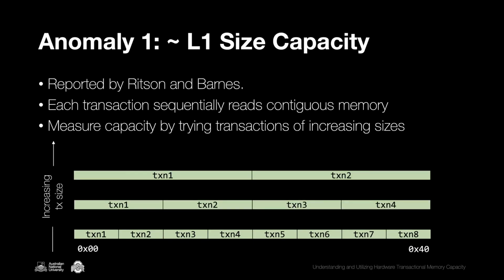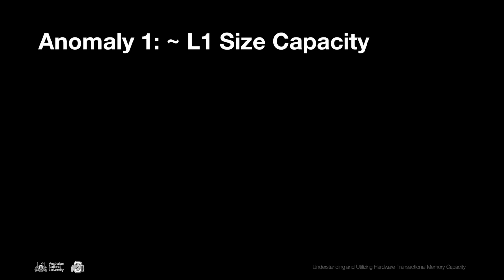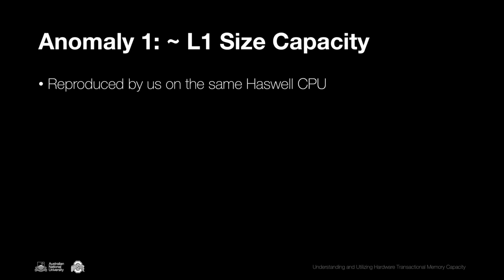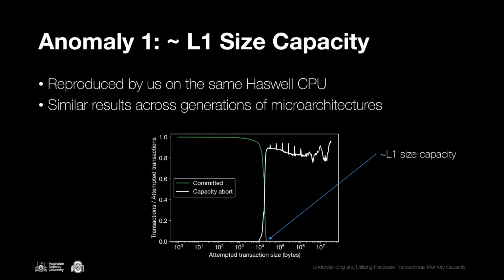Finally, the benchmark explores a range of different sizes and records the fraction of transactions committing for each size. By running the micro-benchmark released by Richardson and Barnes on the same CPU as they used, we are able to reproduce the L1 capacity results they had. We also ran the micro-benchmark on other microarchitectures and observed similar results.